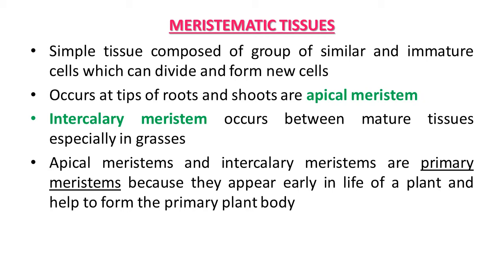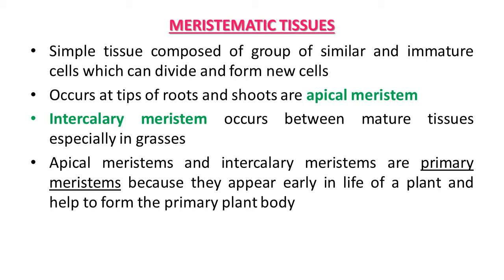Generally they are present in the tip region, that is, on root tips and shoot tips, or we can also say the root apex and shoot apex of the plant. When these tissues are present on the tip region of the plant, they are known as apical meristem. So apical meristem is generally observed at the root apex or shoot apex.